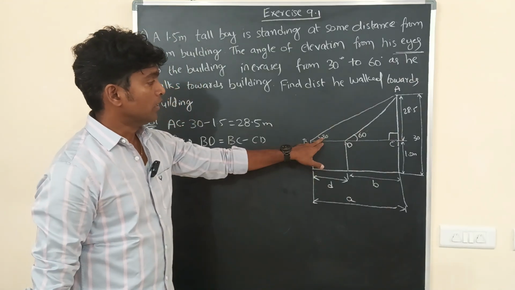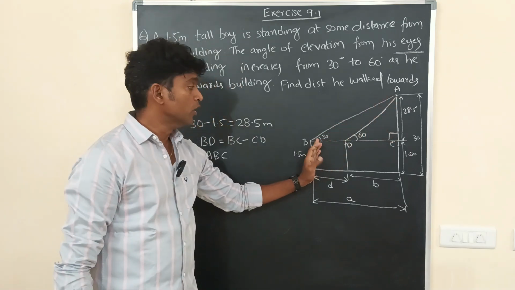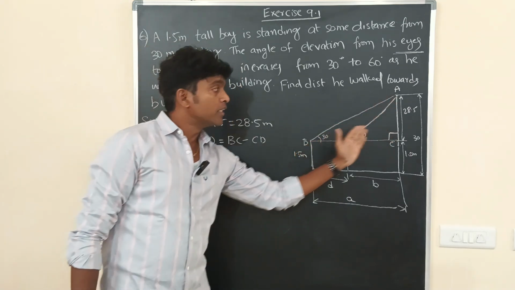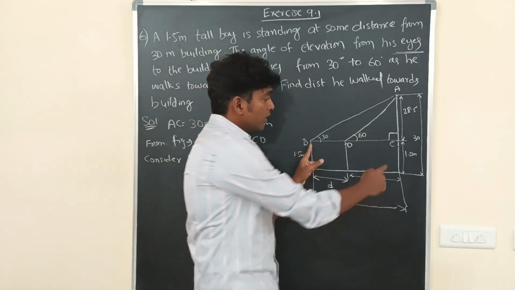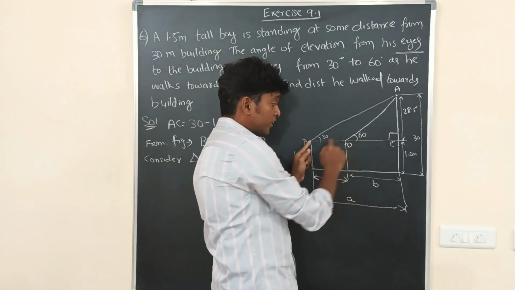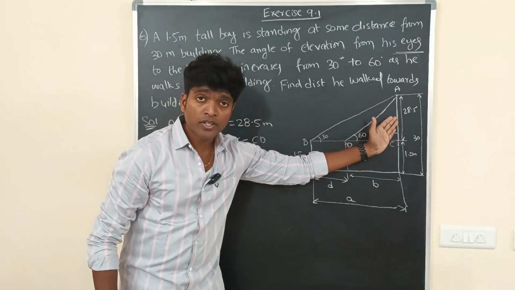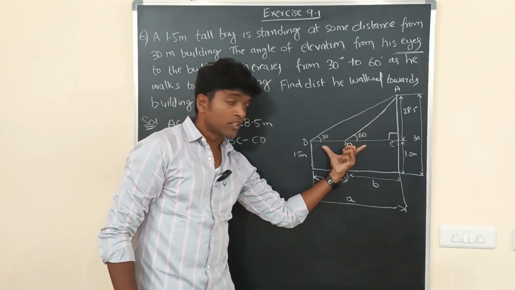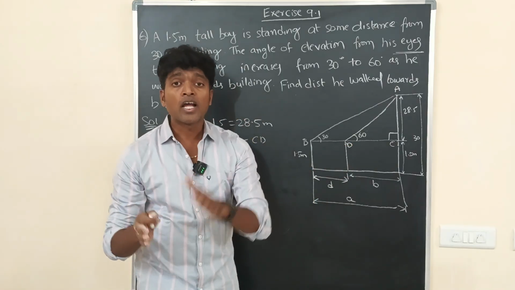For this one we have the side, this one, and this is the angle. So for this angle, this side is opposite side. Okay. And we have to find this length, which is adjacent side. Clear? For this angle, this is opposite side, and we have to find the adjacent side, BC. So opposite and adjacent and one angle.